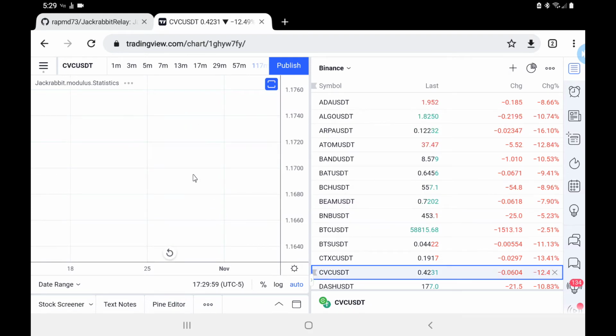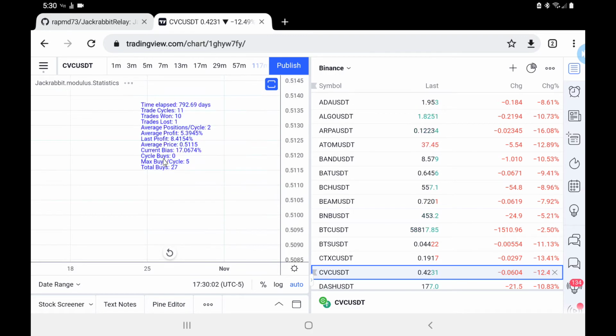Here's another coin. Poor history, difficult to work with, but this one pulled off an incredible amount of trade cycles. 8% profit for the last one with an average of 5.